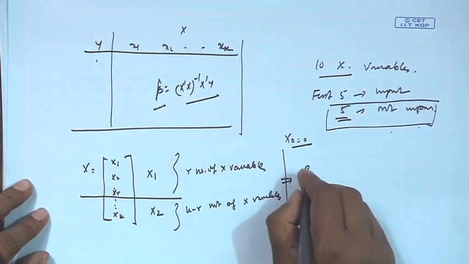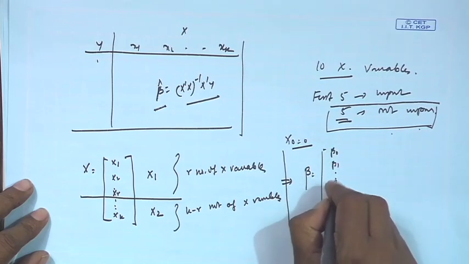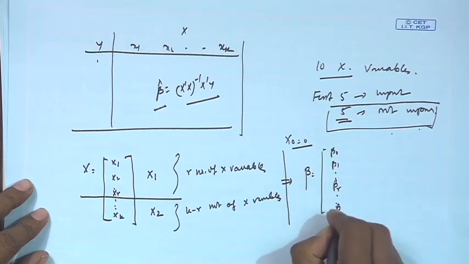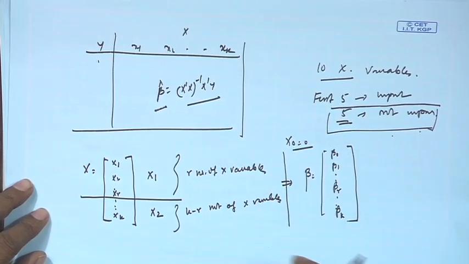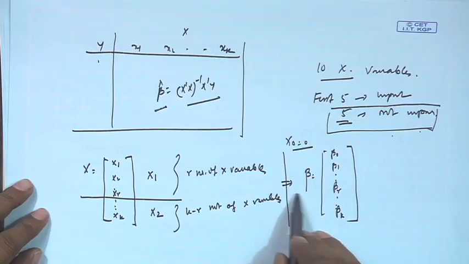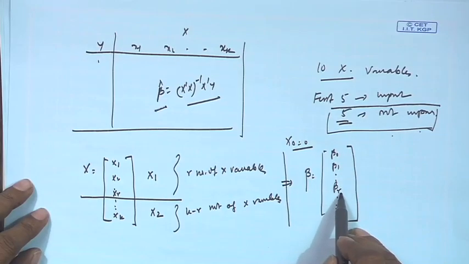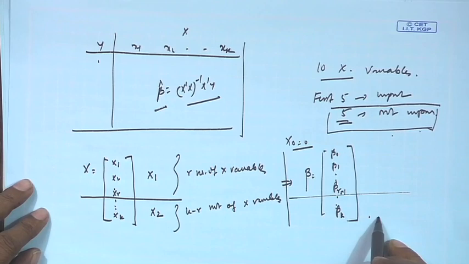Suppose beta is beta 0, beta 1 to beta r to beta k. So, we are taking the first r cross 1, and then the remaining p minus r, where p is equal to k plus 1.